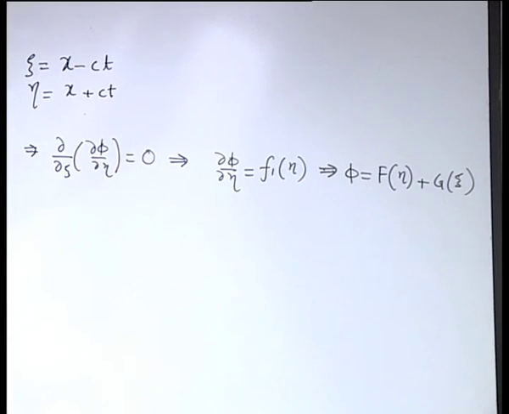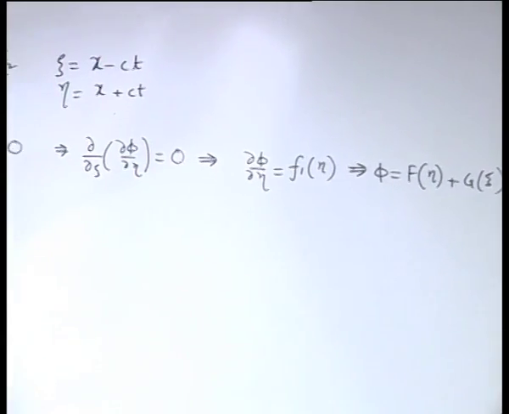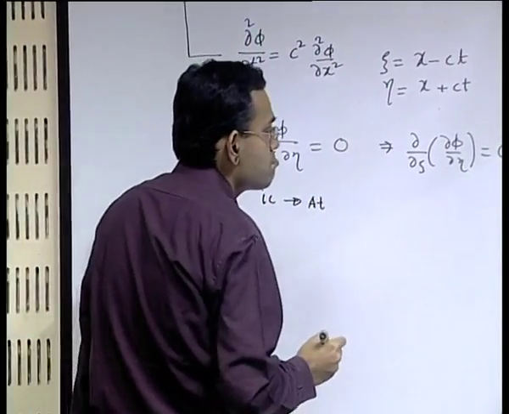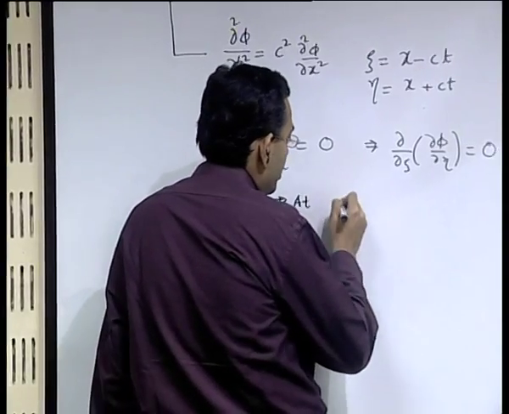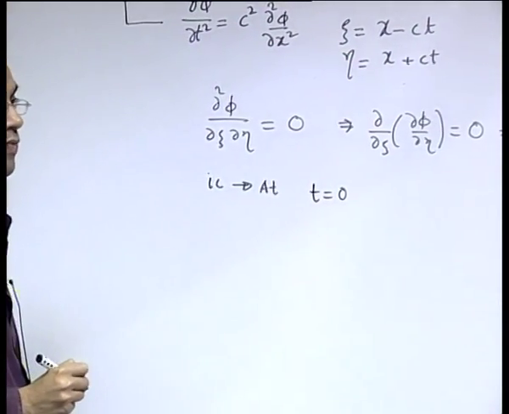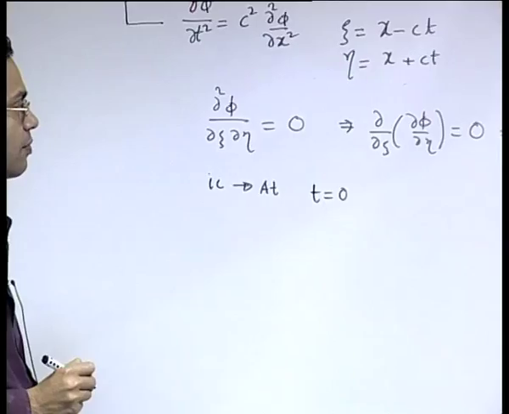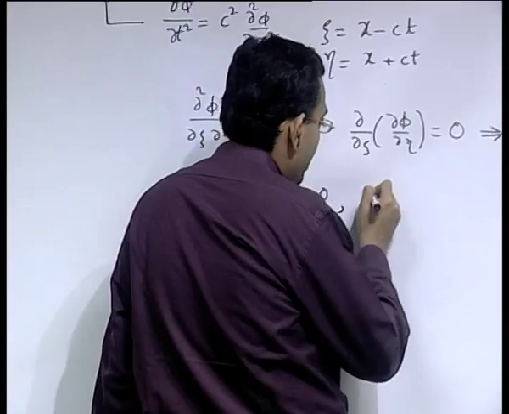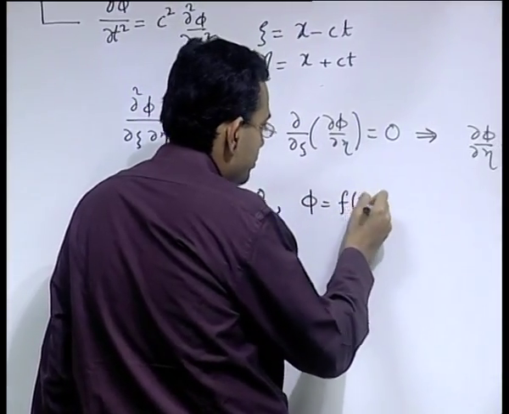So, maybe initial condition at t equal to 0, phi is some f(x).